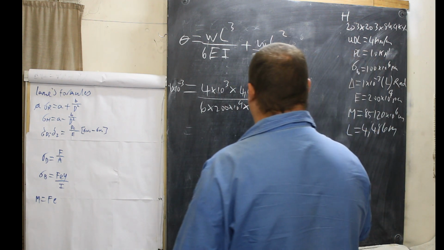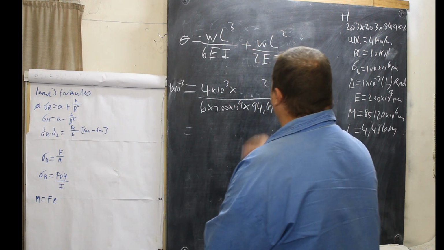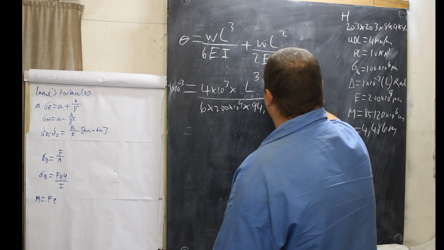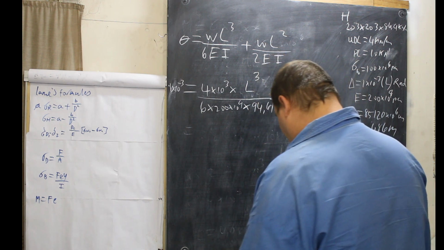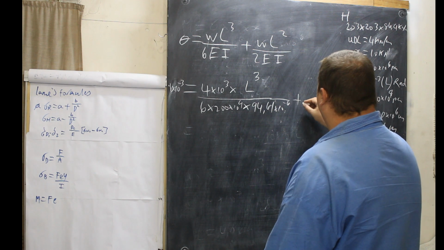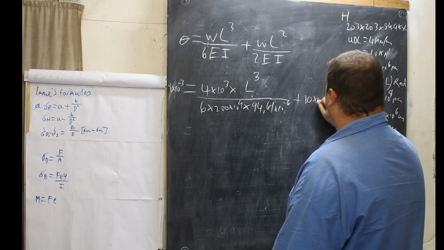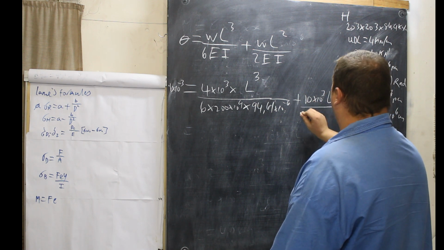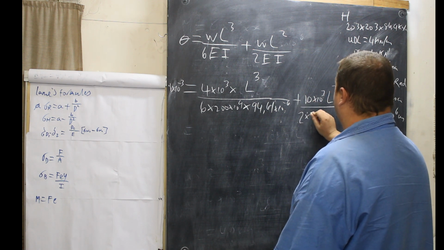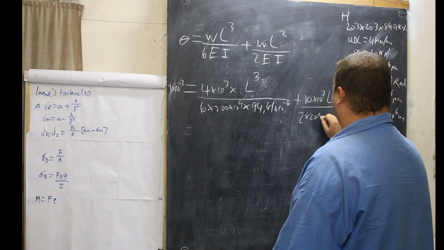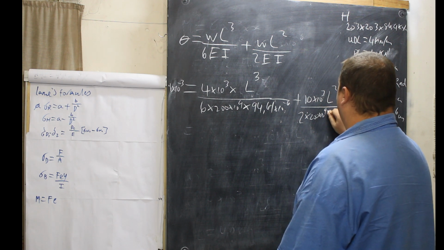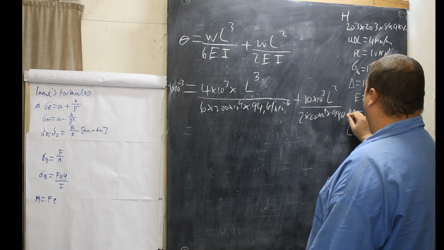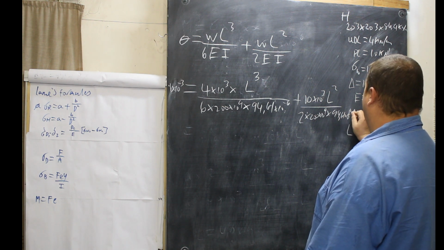So we want L. So all this stays the same, and we're left with L cubed. Right, so plus 10 times 10 to the 3, L squared over 2 times 200 times 10 to the 9 times 94,61 times 10 to the minus 6.